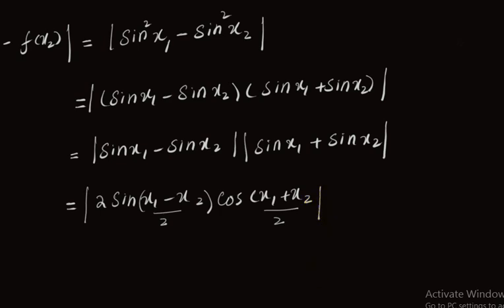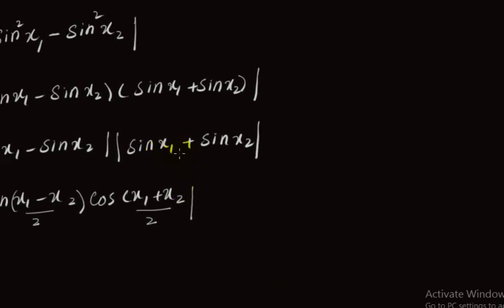Similarly, sine x1 plus sine x2 can be written as 2 times sine of x1 plus x2 by 2 and cos of x1 minus x2 upon 2.